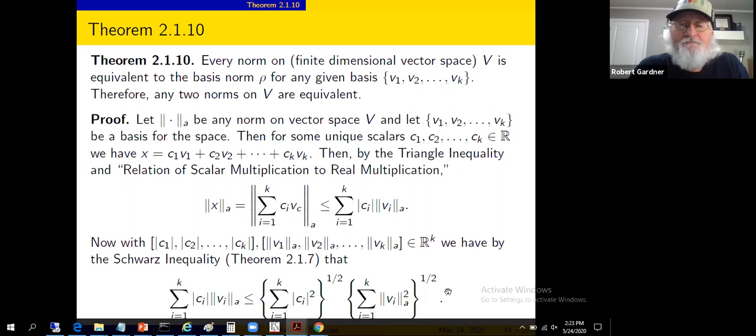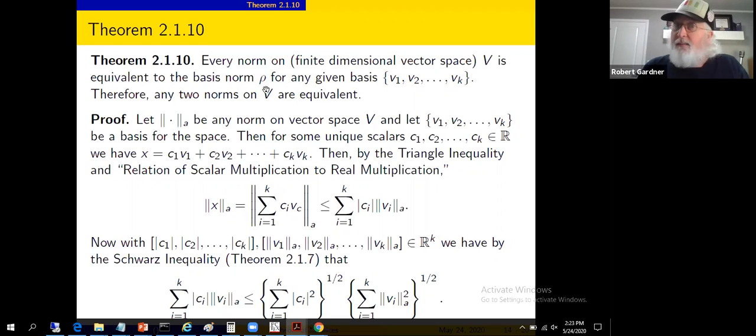All right. Remember how we define a basis norm. What is the basis norm of vector X? We'd take these coefficients, square them, add them together, and take a square root. That's how a basis norm was defined. That's exactly what we got right here. This thing with the C sub i's in it, that's the basis norm of x with respect to the basis v1 through v sub k.